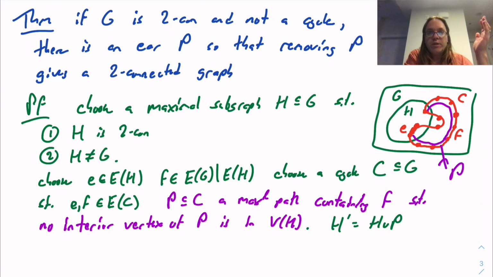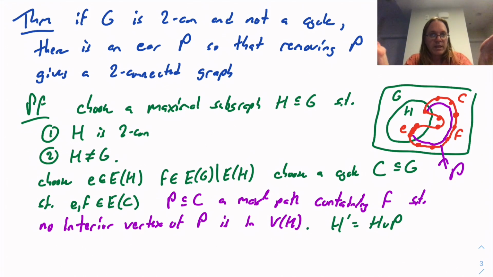Suppose you take H union P, the subgraph H prime, and you delete from it a vertex that was a vertex of H. Well, then what's left of H is going to be connected. Maybe you deleted an end of the path. You couldn't have deleted an internal vertex of the path because you deleted a vertex of H. But in any case, what's left of the path is connected.